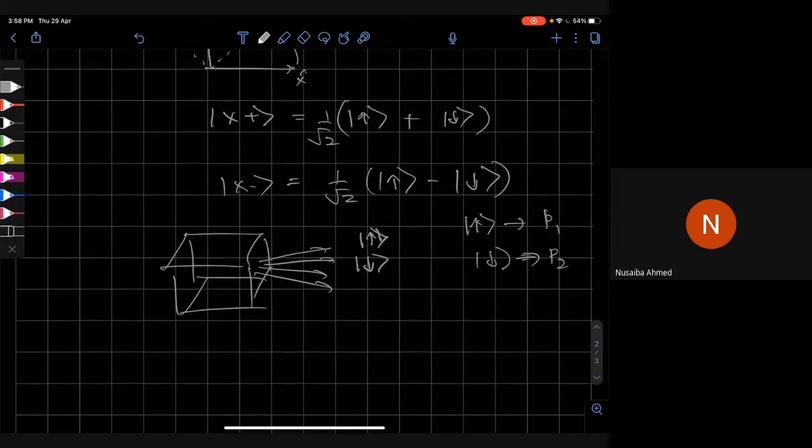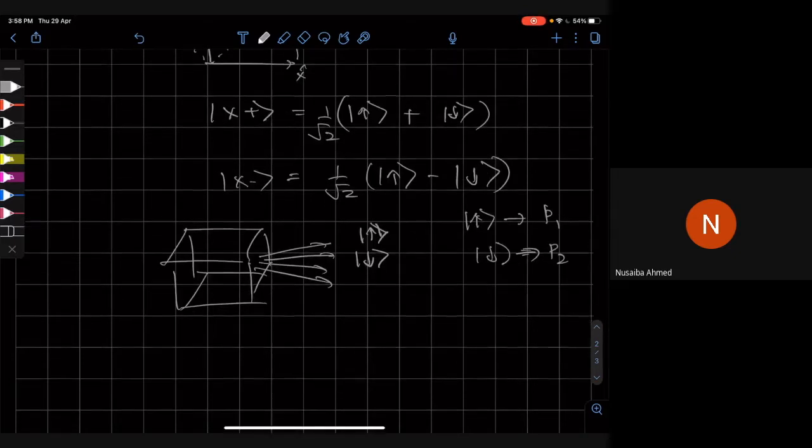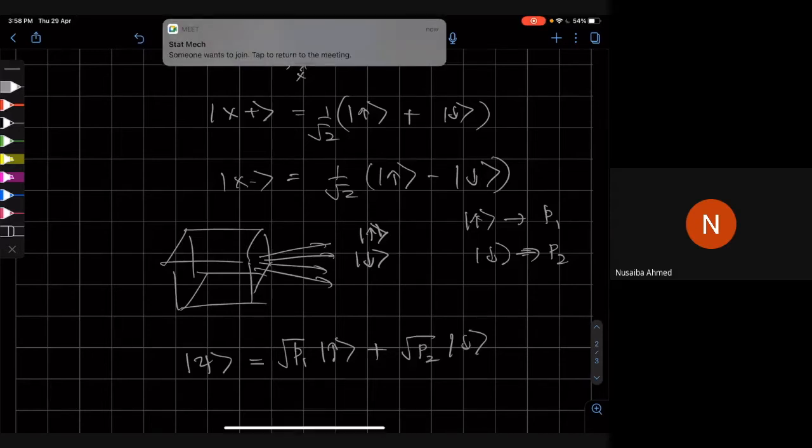Now I can show you that if you try to model this as square root of P1 times up, plus square root of P2 times down, then that doesn't work.